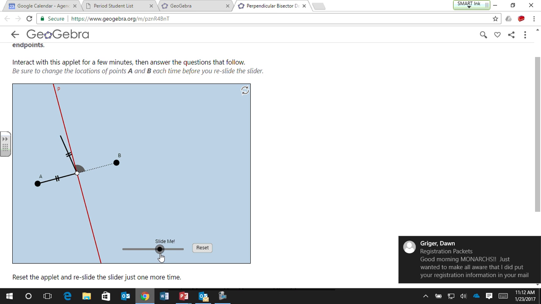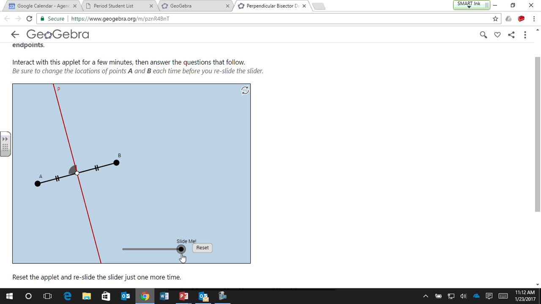And also, it needs to make two congruent angles. And those congruent angles will have a measure of how much? Take a straight angle and we break it into two congruent angles. 180 divided by 2 is 90. So these will be perpendicular. Okay?